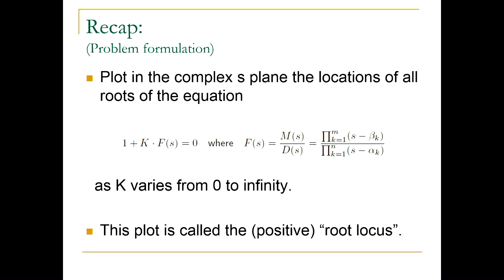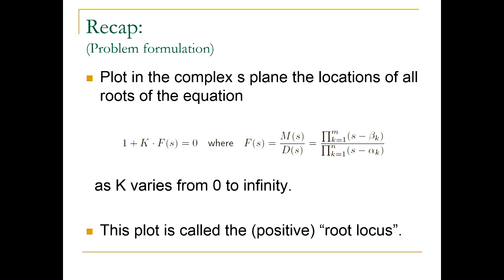But I talk about poles and zeros of this guy whenever I talk about root locus sketching. So note that this guy may have n poles and m zeros. And note also that since f doesn't now come from a system, it's just a mathematical construct, this may not be a causal system. So we may have more zeros than poles.